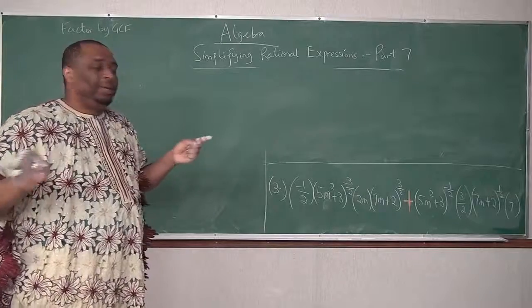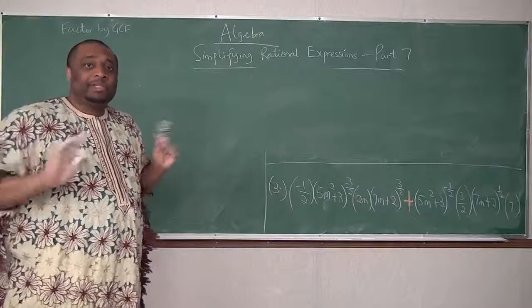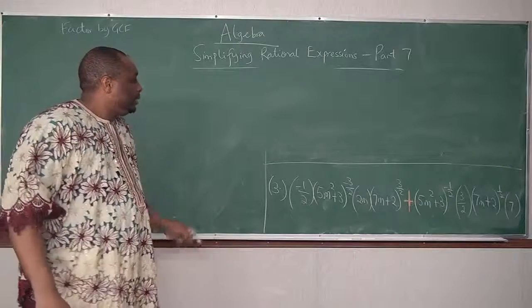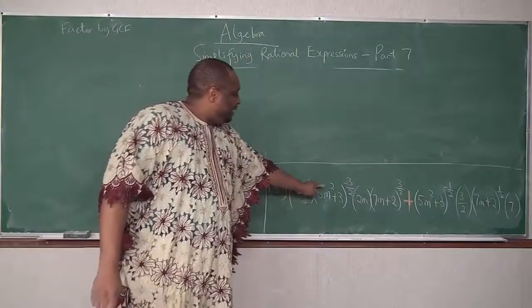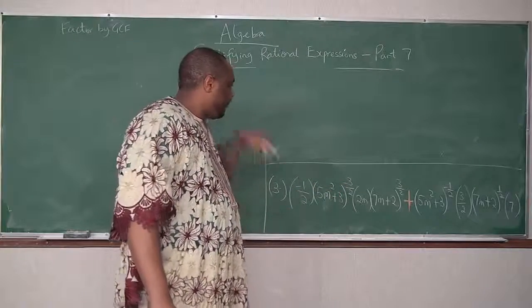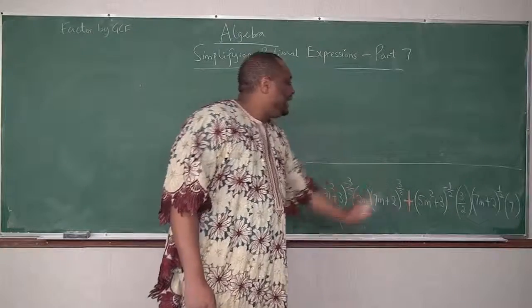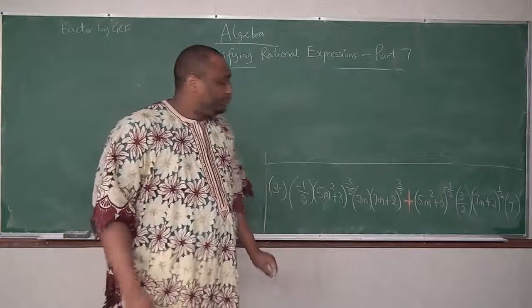If you're not comfortable with getting out fractions, you leave that. Here we have 5m squared plus 3 exponent negative 3 over 2. And here we have 5m squared plus 3 exponent negative 1 over 2.